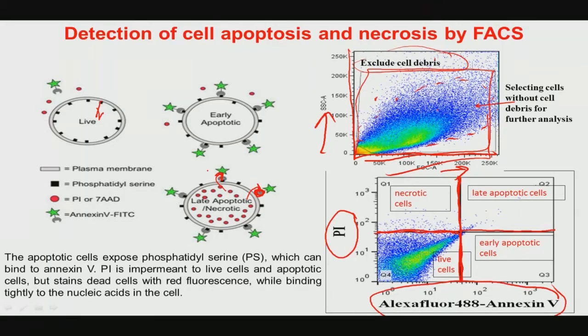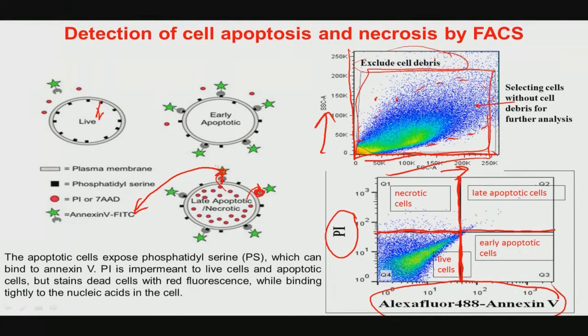Now, if you add a specific dye which can bind to this phosphatidyl serine, shown here as annexin FITC, the annexin FITC can conjugate with this phosphatidyl serine.